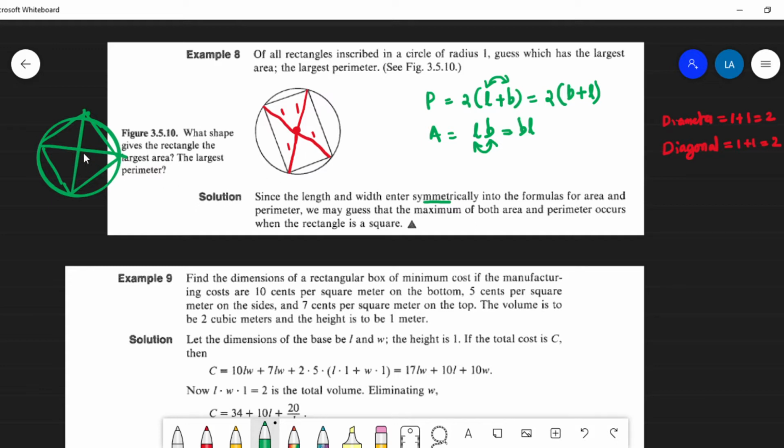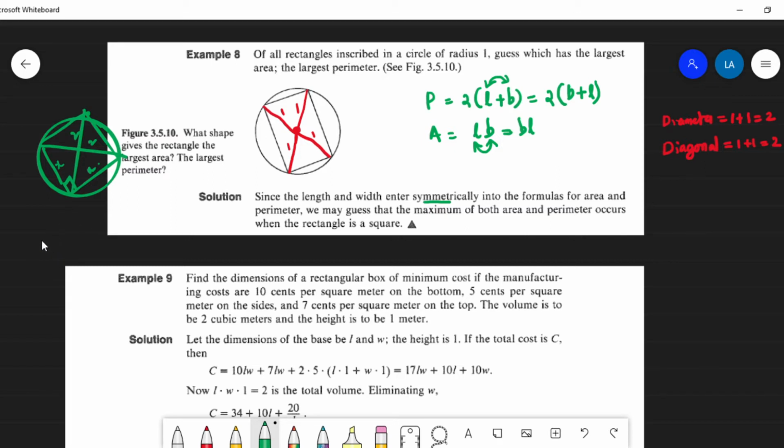So here you have the length of the diagonal to be 2, and since this is a square, you can call each side x and find out the length of the side.